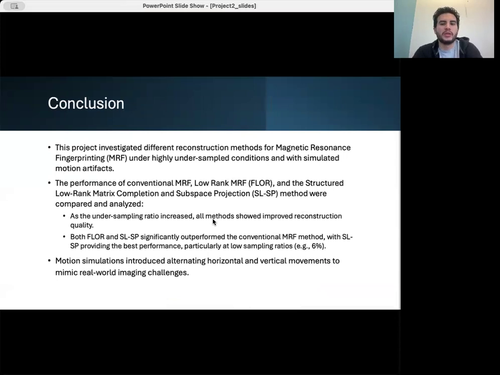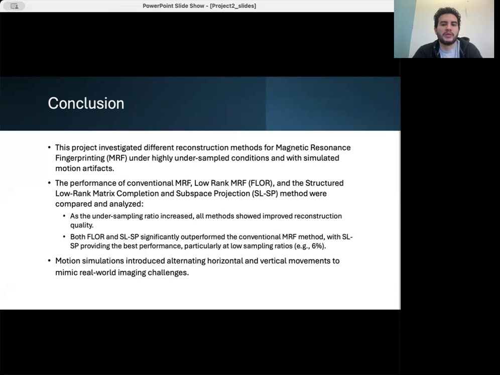Finally, in conclusion, this project evaluated different reconstruction methods for magnetic resonance fingerprinting under undersampling and simulated motion artifacts. Conventional MRF, low-rank MRF, in our case FLOR, and structured low-rank matrix completion and subspace projection, SLSP MRF, methods were compared.